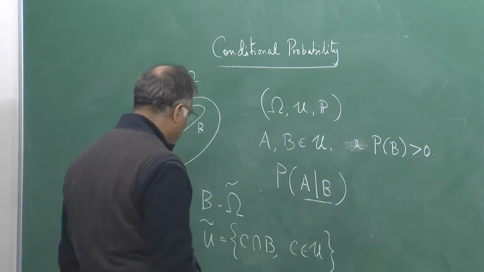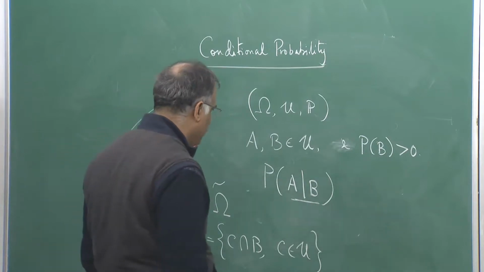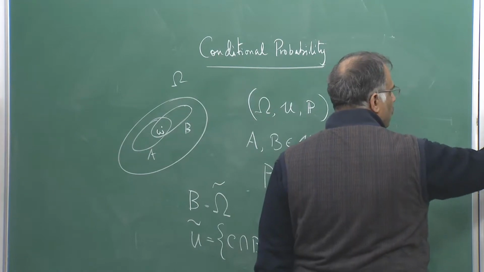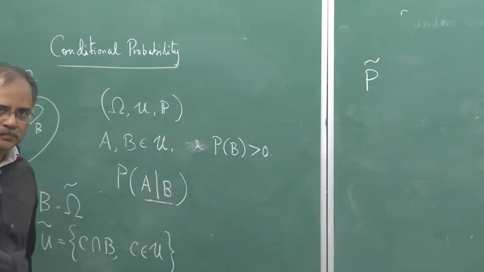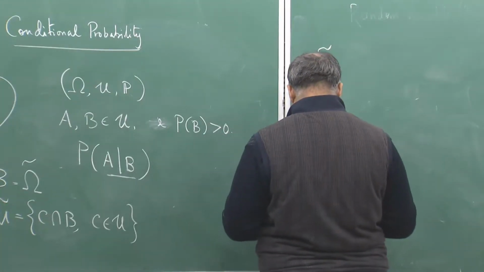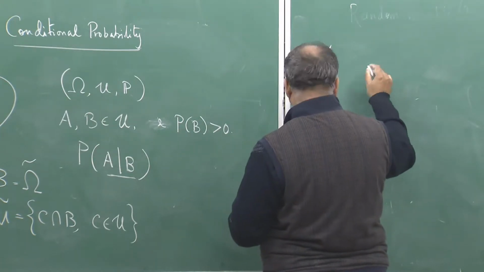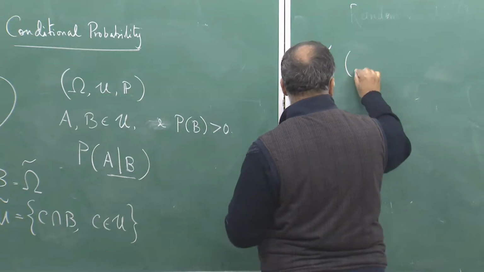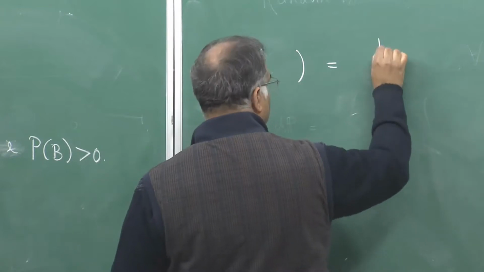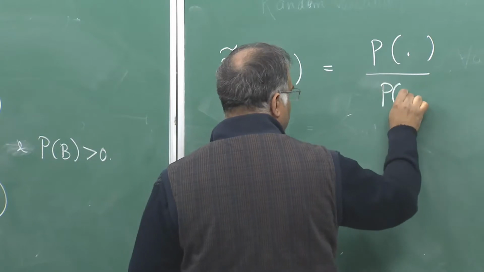Now I define by P tilde the following probability measure. I have to divide by P of B, which I know.